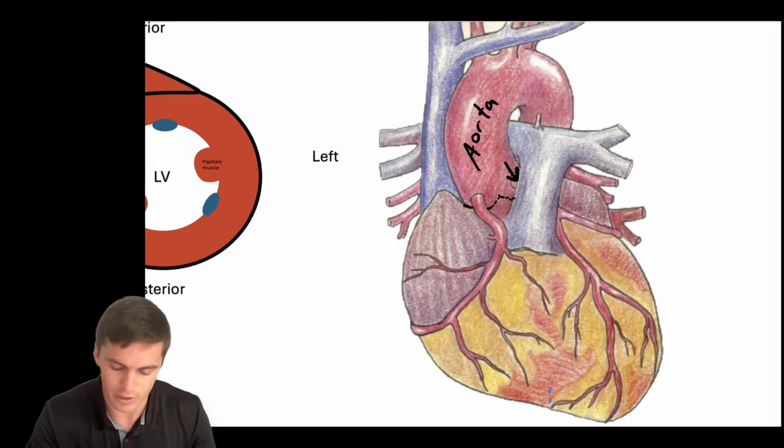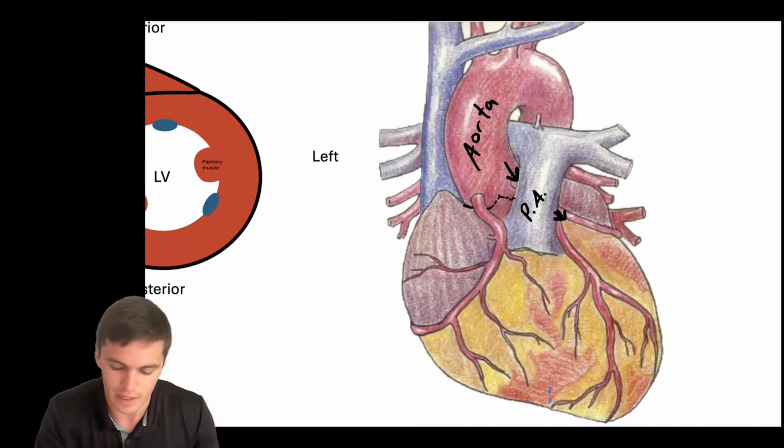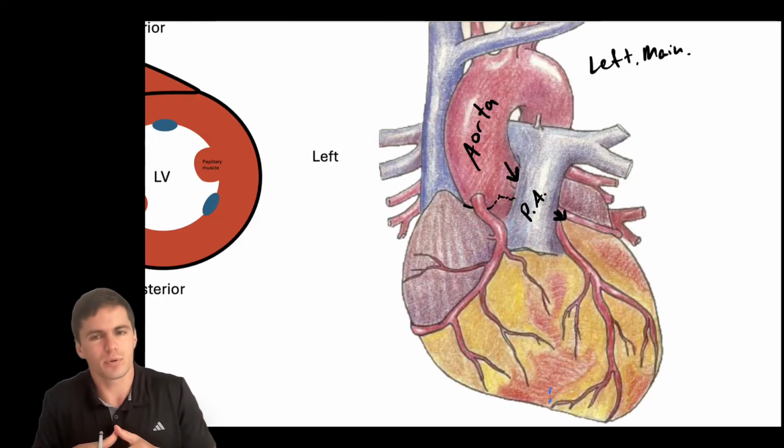You can see it running just under, this is the pulmonary artery coming off the RV. And that first branch is the left main coronary artery, right? And the left main coronary artery is going to give off branches pretty quickly.